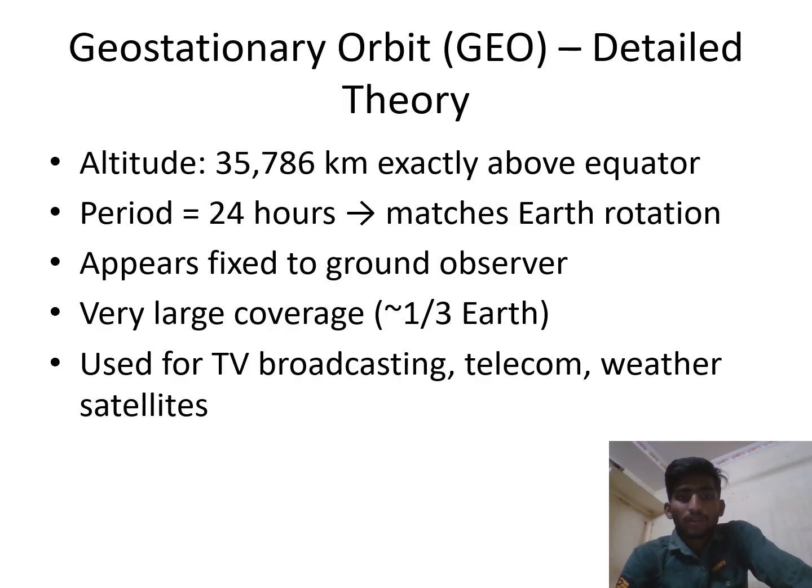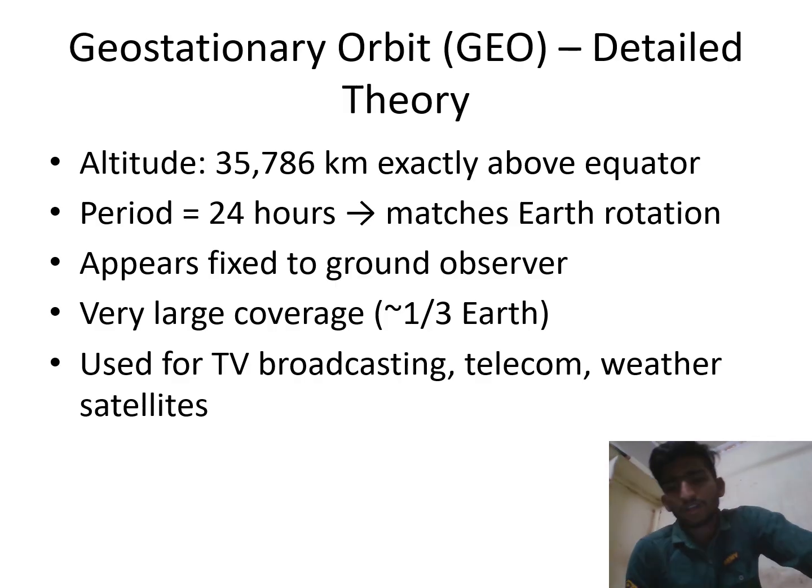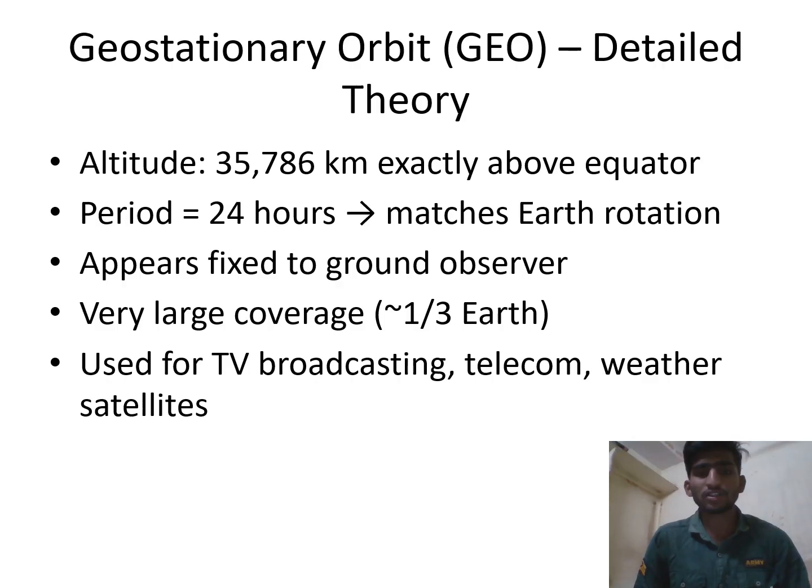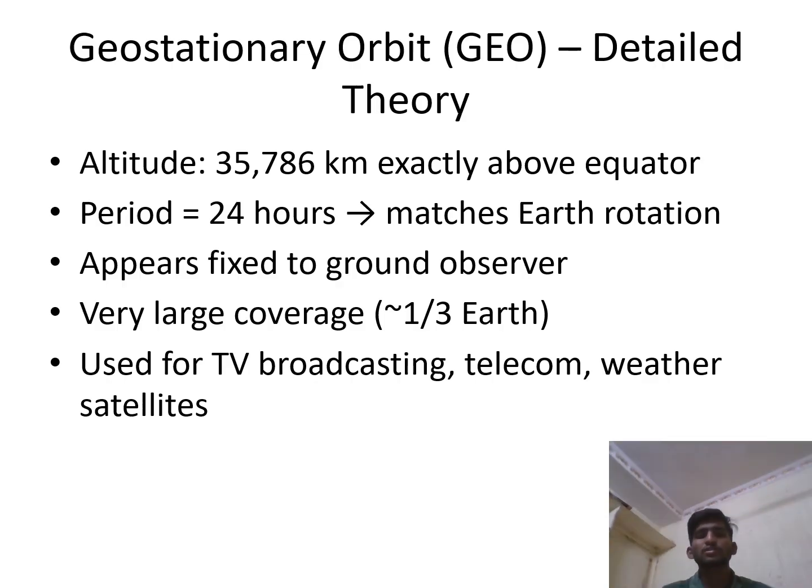It appears fixed to observers and has very large coverage compared to both LEO and MEO. Its coverage is one third of Earth. Used for TV broadcast, telecommunication, and weather satellites. It is very much used for communications.